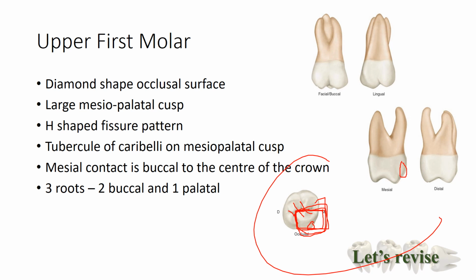So that's really what you're looking for. You can use the roots. You've got two buccal and one lingual, or one palatal. So you can use those to get it the right way around as well. But the mesiopalatal cusp is the largest, and usually considerably. So that's what you're first looking for.